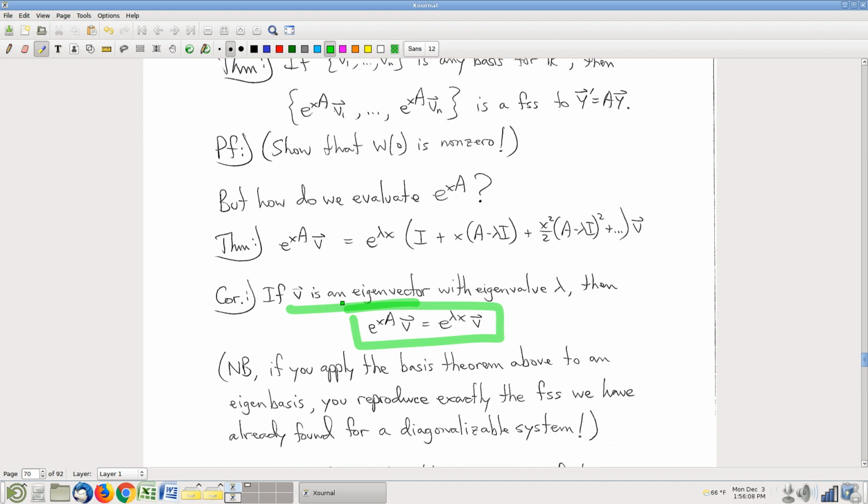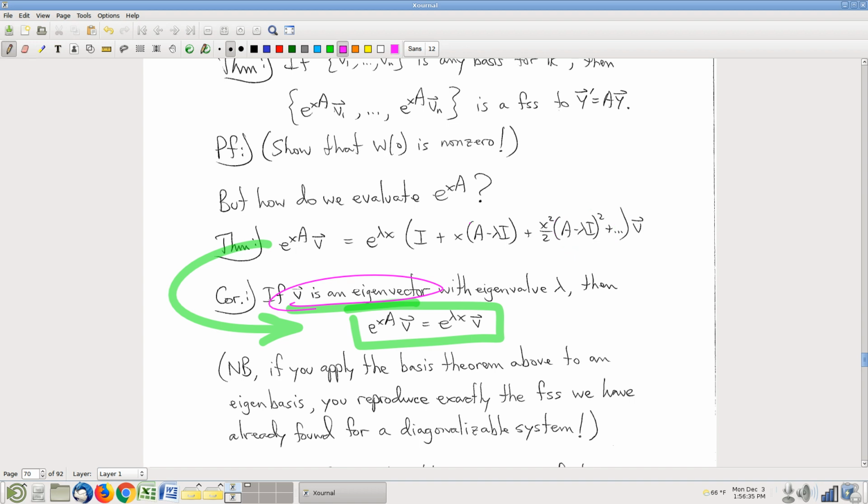Okay. Which, by the way, follows immediately from that big formula. And it's a nice exercise to think that through. The big idea here is that if V is an eigenvector, A minus lambda I times V is 0. A minus lambda I squared times V is 0. Right?